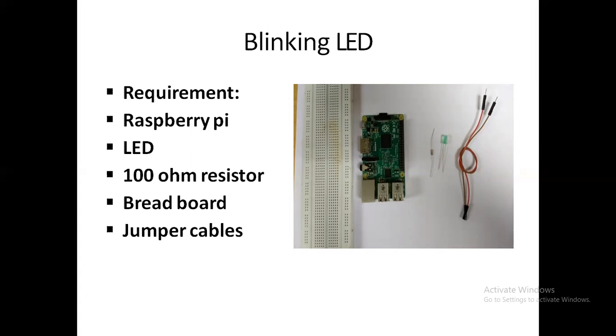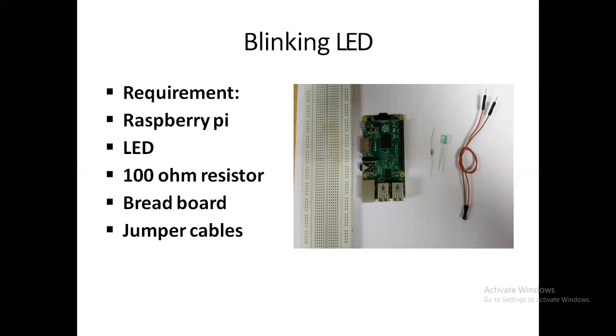First, we are going to do a blinking LED light project. The basic requirements are a Raspberry Pi, which should be connected to the network, an LED, the basic 100 ohm resistor, a breadboard, and a few jumper cables.